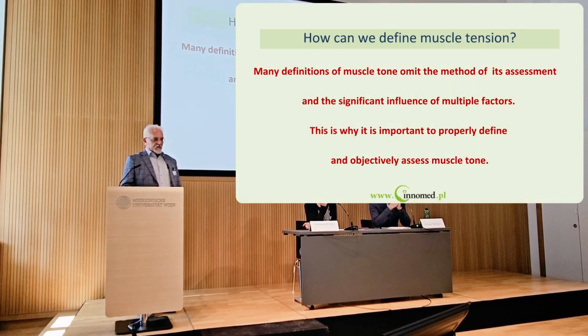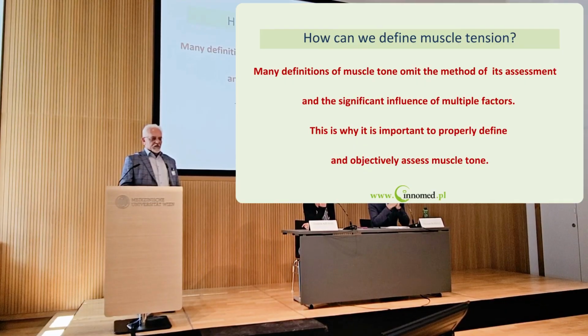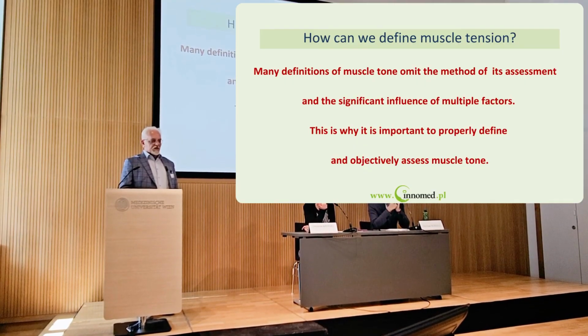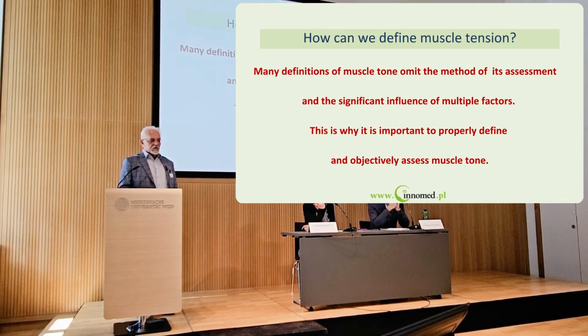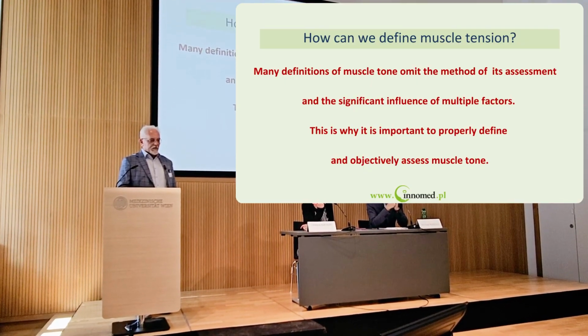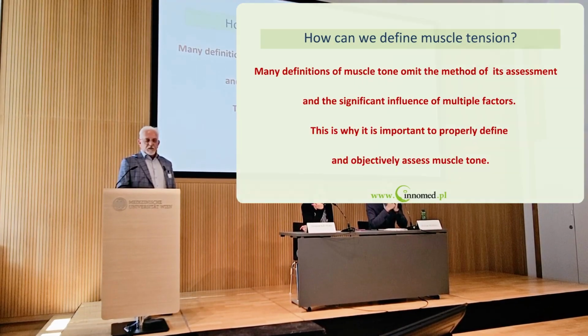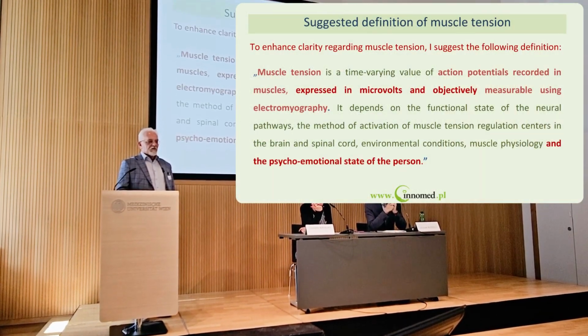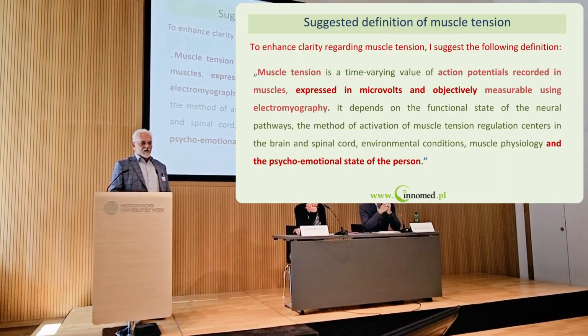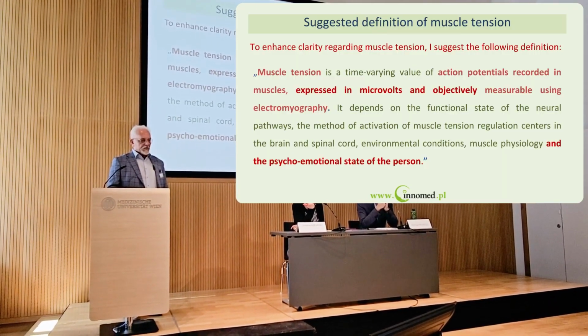Many definitions of muscle tone omit the method of its assessment and the significant influence of multiple factors. This is why it is important to properly define and objectively assess muscle tone. To enhance clarity regarding muscle tension, I suggest the following definition.